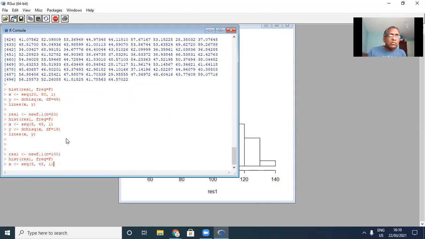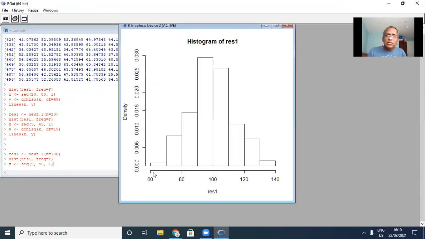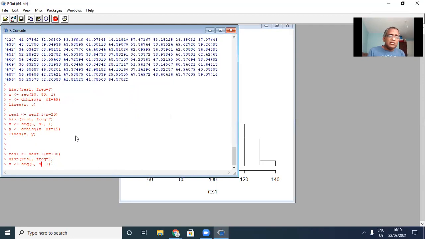Before that, you need to define x. All right, let's define x to be 60 to 140.